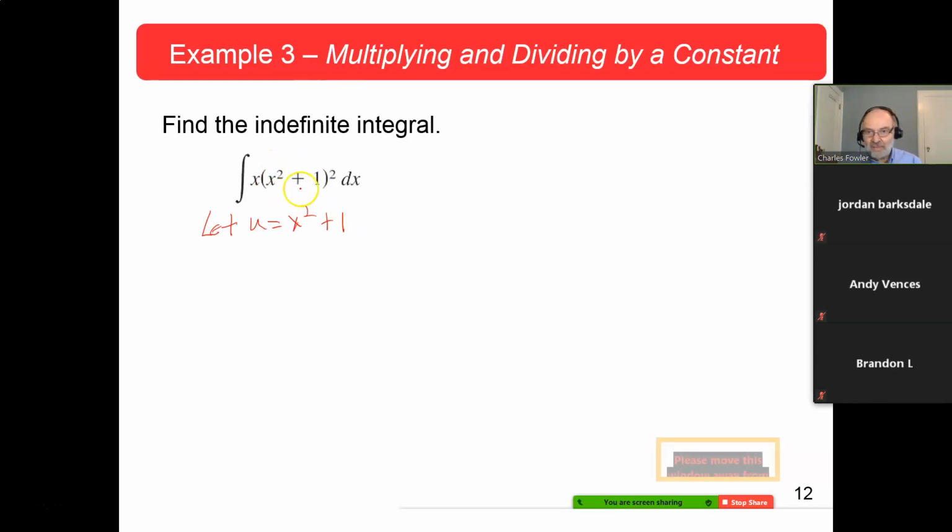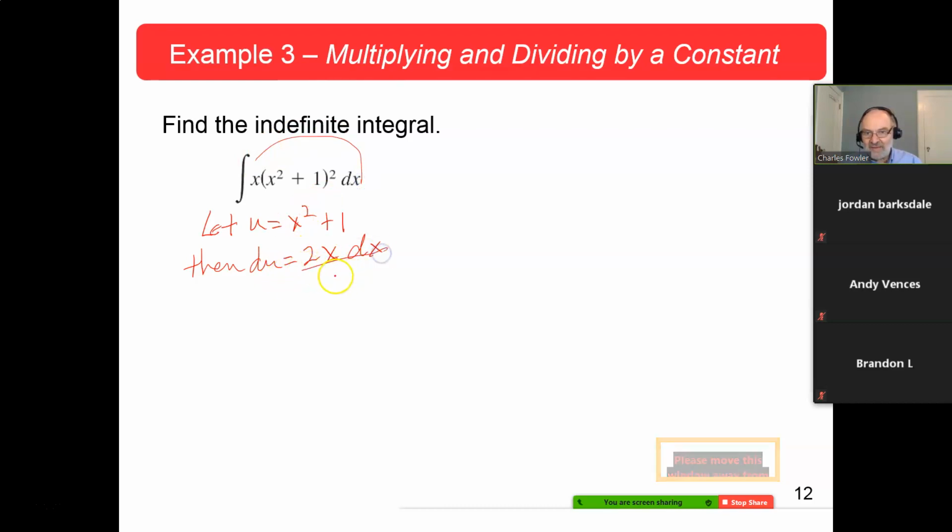The innermost part of the most complicated part of the problem. Follow that with a du, then du equals 2x dx. Done. Perfect. Now, notice up here we have an x dx, but we don't have a 2x dx.